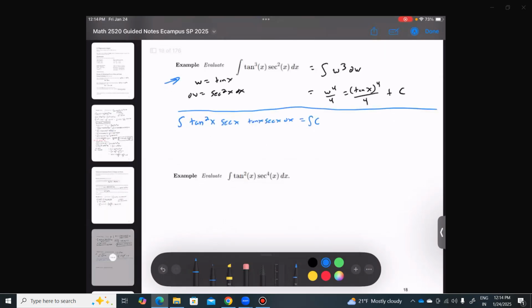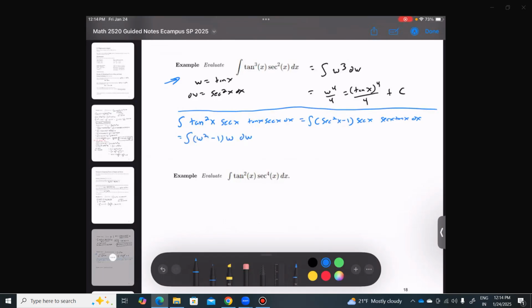So this is secant squared x minus 1, and then times secant x times secant x tangent x dx. And so we let w equal secant x, so we'll have w squared minus 1 times w times dw.